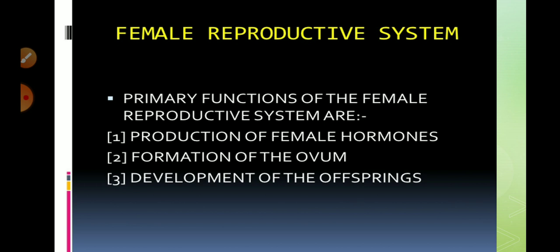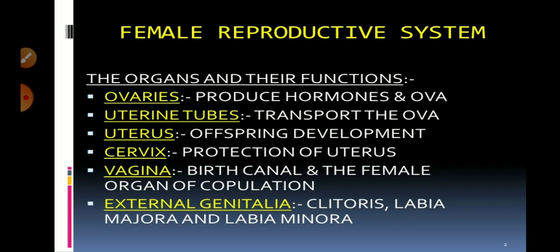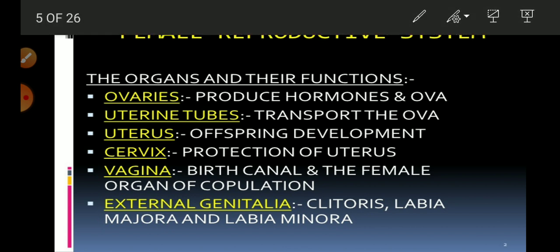Its primary function, if we just talk about that, is the production of female hormones, formation of ovum or egg cells, and then development of offspring. So the female reproductive system has some specific organs.